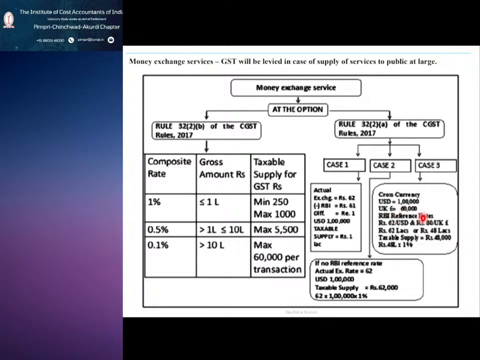Cross currency means you have USD 1 lakh and you want to convert that 1 lakh USD into UK pounds and not INR. So the exchange rate, how do we need to calculate? That is case 3, cross currency.